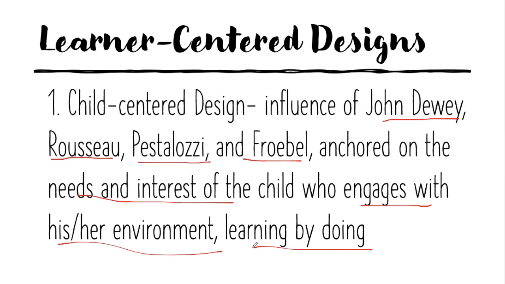So when we say child-centered design, the child is at the center of our design. Learning happens when the child learns by doing or when the child experiences several things in his environment. So the child explores his environment and that's when learning happens. Again, this is an influence of John Dewey, Rousseau, Pestalozzi, and Froebel. So that's your child-centered design.